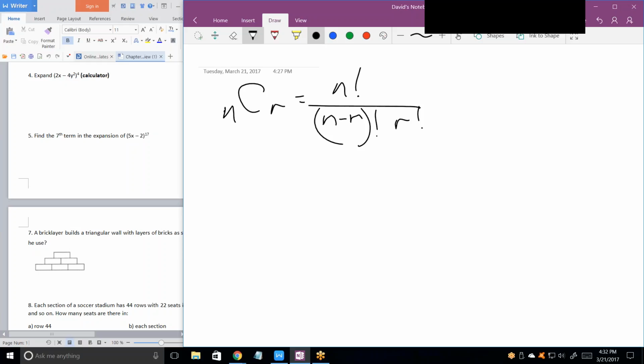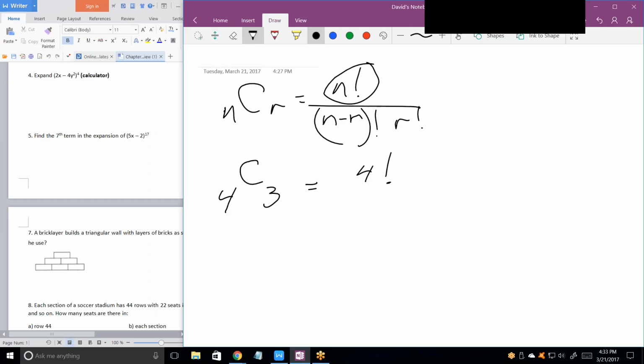How about if I had 4 choose 3? Well, what goes in the numerator? 4 factorial. In other words, n factorial. You with me?